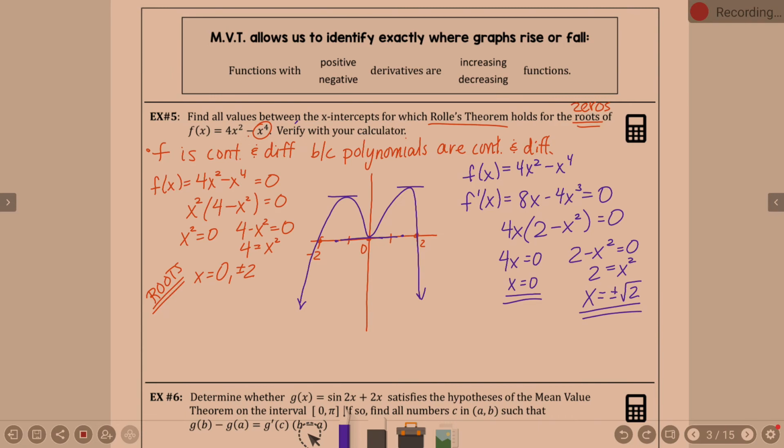So for the interval, what interval did we end up on? We were on -2 to 2.